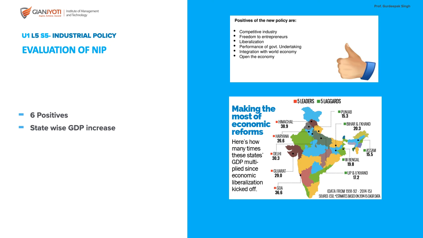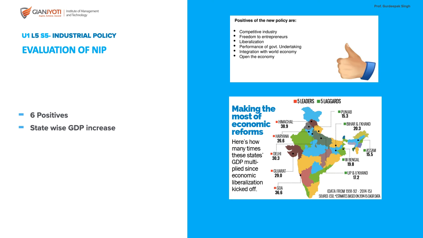So if I look at Himachal, around 38.9 times the GDP has increased from 91 to 2015. If I look at Haryana, it is 26.6, Delhi 30.3, Gujarat 29, right? Goa is 36.6. So if you look at Himachal, they have gained the most.